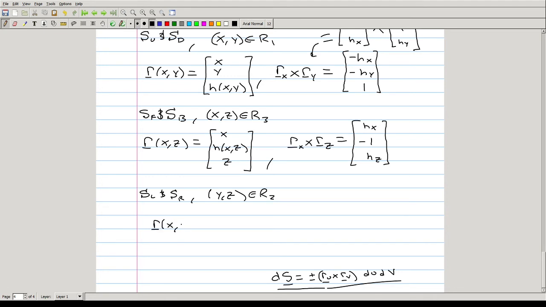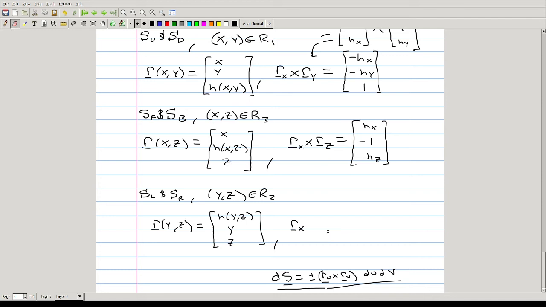The most natural parameterization for both is in Cartesian coordinates, going to be some function h of y, z, where this is going to be xl or xr depending on which of these surfaces we're talking about, and then it'll be y and z, which will then give us an r of h of y, z.